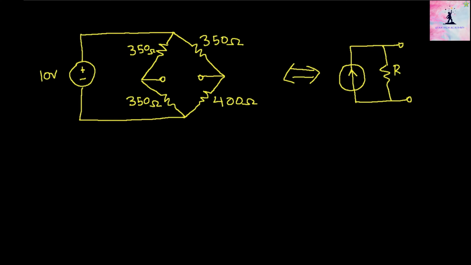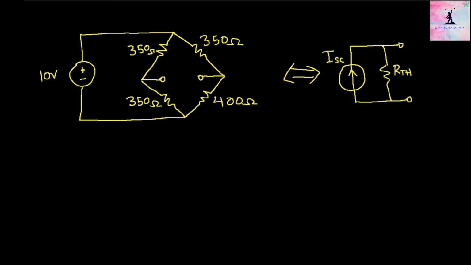The resistance we call Rth because it's the same as the Thevenin equivalent resistance, and we need to find the short circuit current. So the steps involved are to find Rth and Isc.